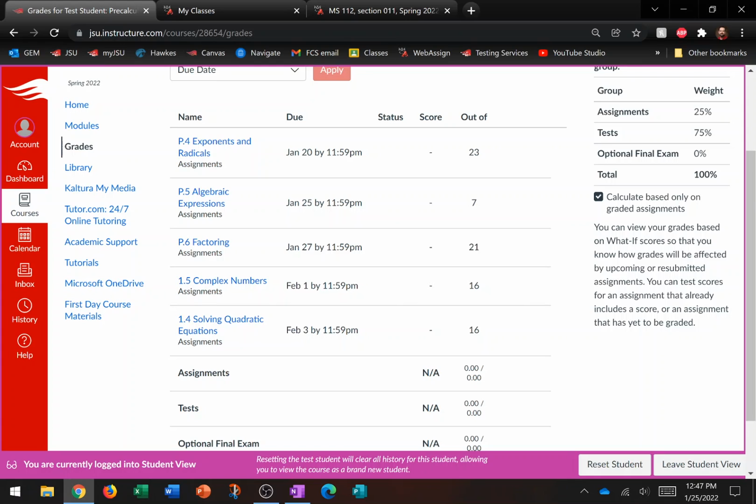It is nice, you can see if you're missing any points on anything. We have the WebAssign assignments, and then tests, and then a potentially optional final exam down there. Maybe that'll help keep track of things. I know you have several classes, and it's hard to keep track of what's due in which class sometimes.